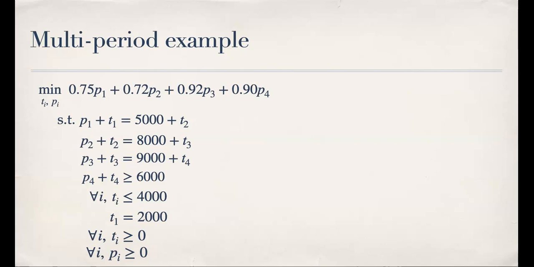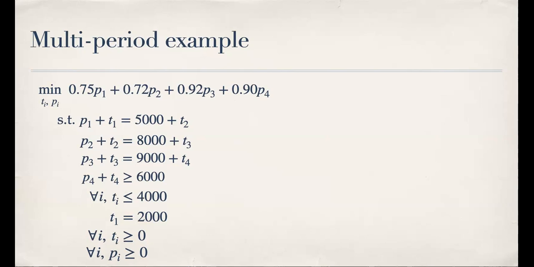Oh, sorry, I forgot to explain this. For the last one, we have no constraint that we have to consume the oil in the tank. You can have more, so it's greater or equal. If you are forced to consume the oil, of course, it must be equal.